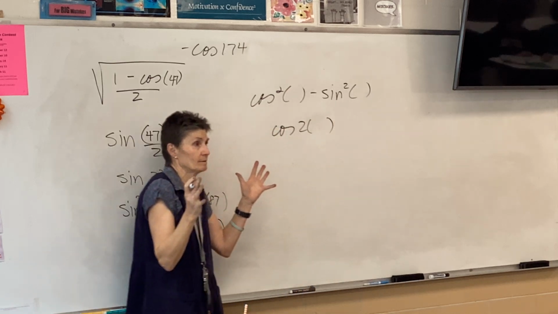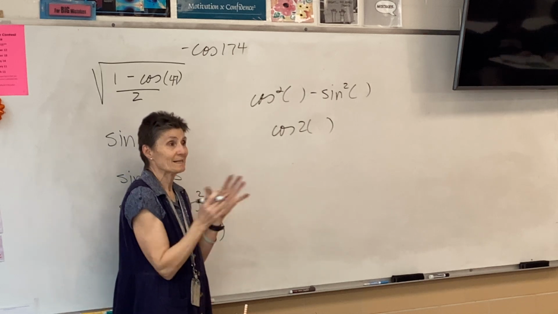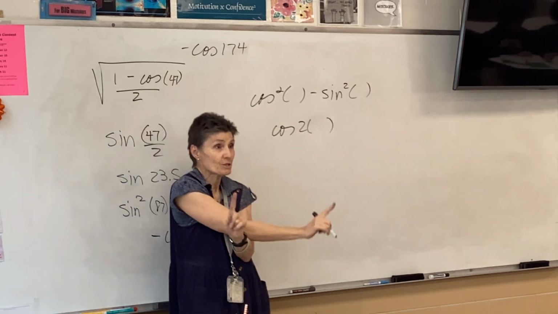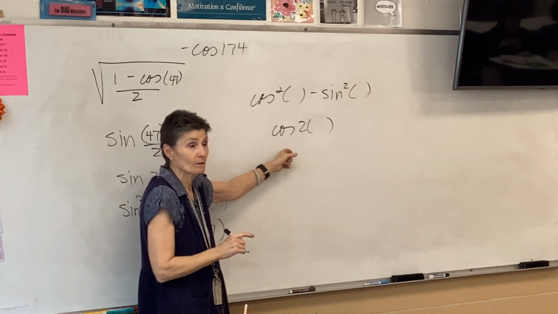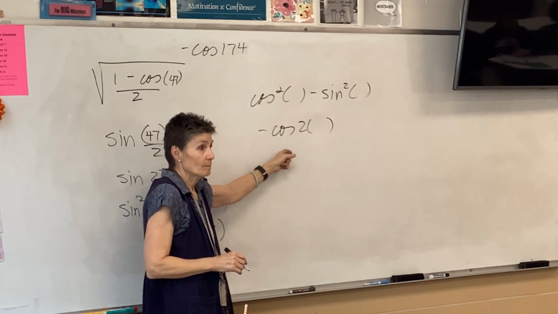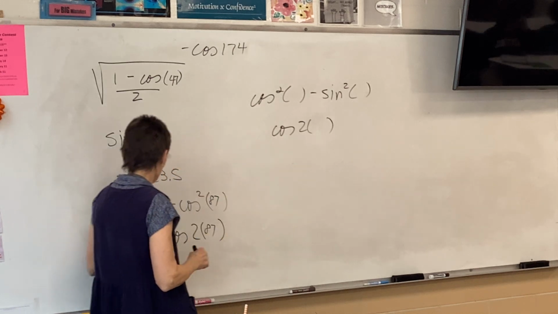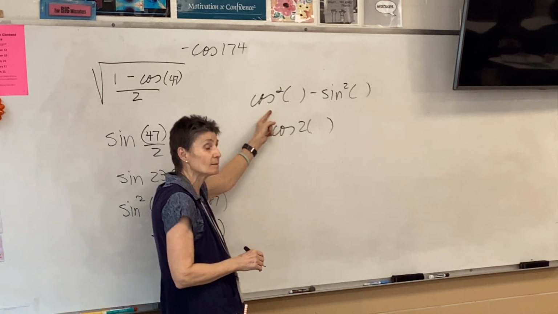That's the formula. If you subtract anything backwards, you get the same answer, you just get it negative. Because it was sine squared minus cosine squared, which is backwards of how it's supposed to be.